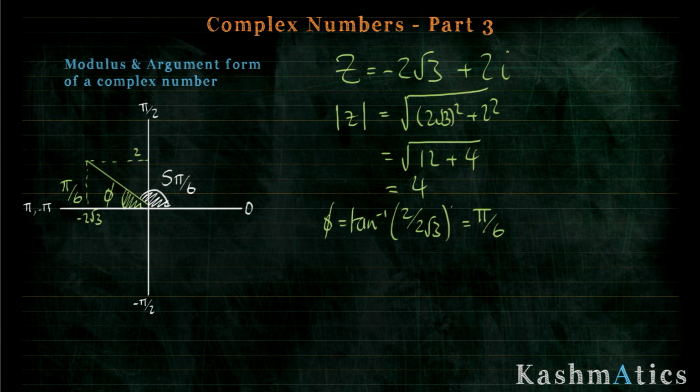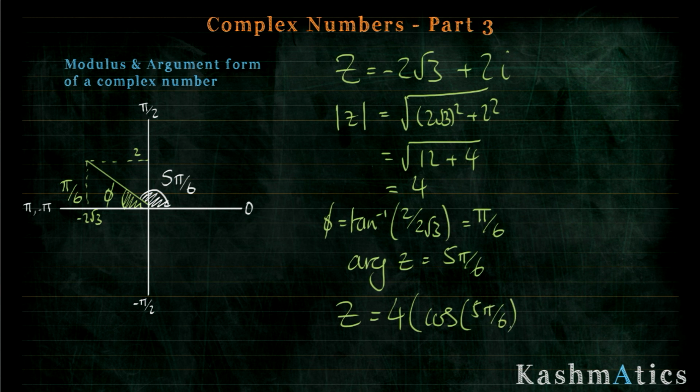So my argument is 5 pi over 6. So overall, Z is equal to, remember it's the modulus multiplied by cos 5 pi over 6 plus i sine 5 pi over 6.